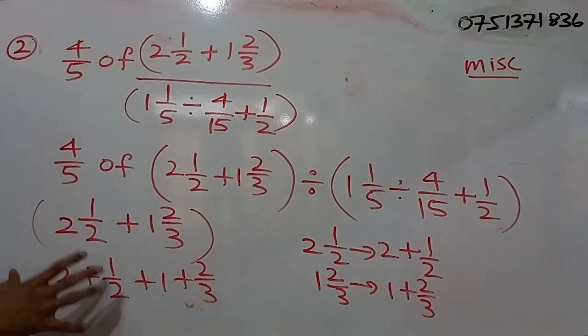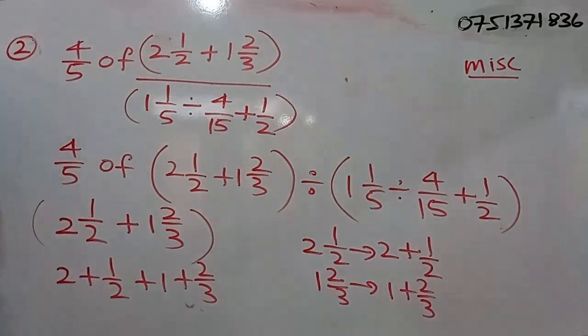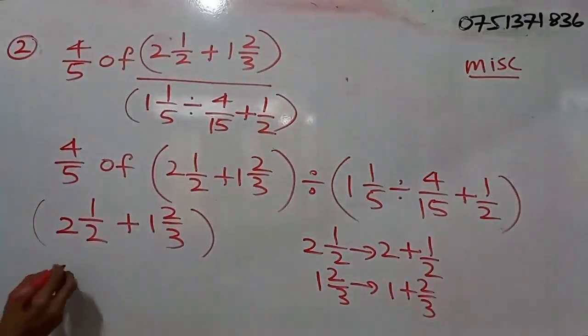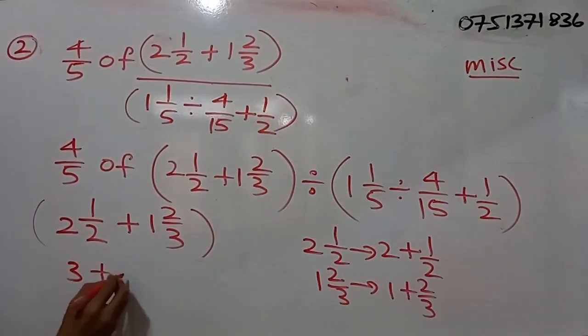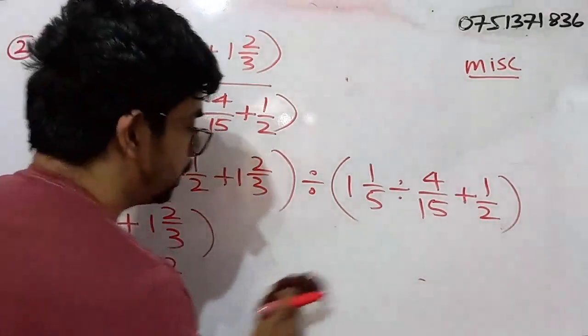Since I am running out of space to write, I will just erase and do the simplification. So 2 plus 1, what will that be? 3, no? So I will write a 3 here. Then to that we have to add a half and 2 by 3. We can do the short method here to add the two fractions.